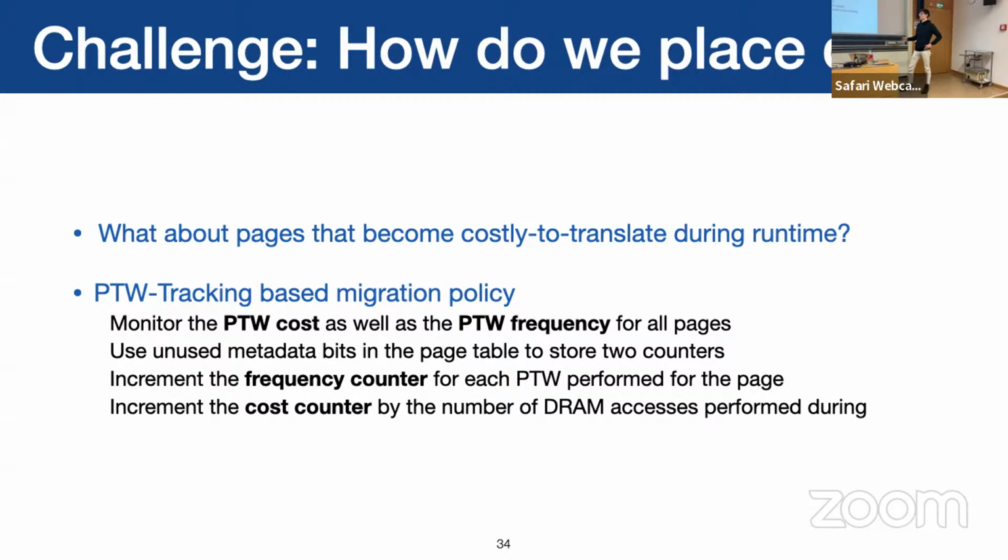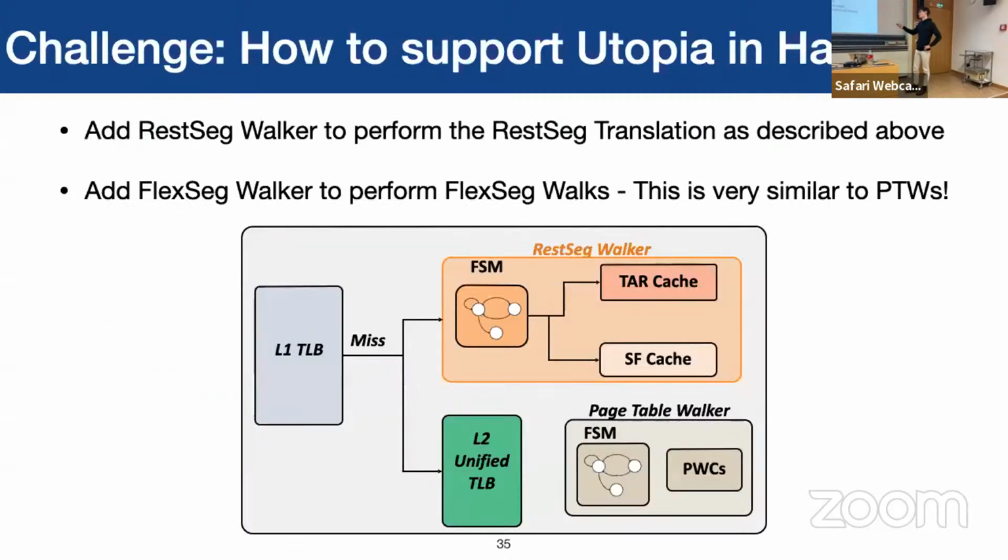And if the threshold for a page in the flexible segment is reached, so we identify it as a costly to translate page, then the OS is informed and can perform a migration from the flexible segment to a restrictive segment so that we can do the address translation for this page faster in the future.